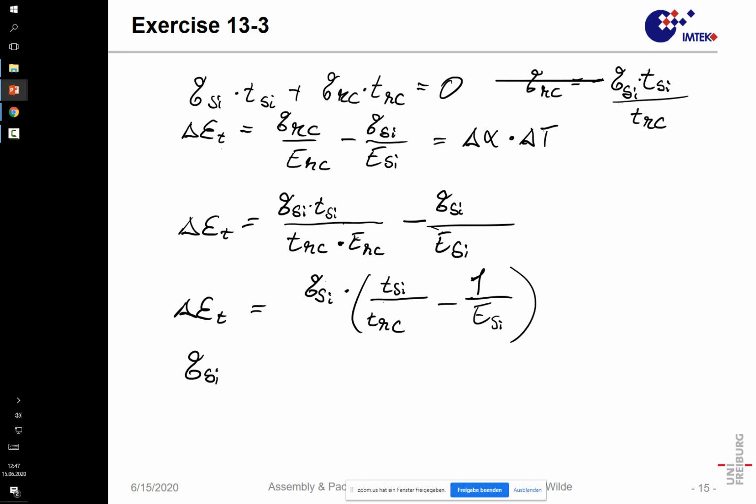The line 2 is still okay. Then you replace the sigma molding compound, and this has a minus in front.